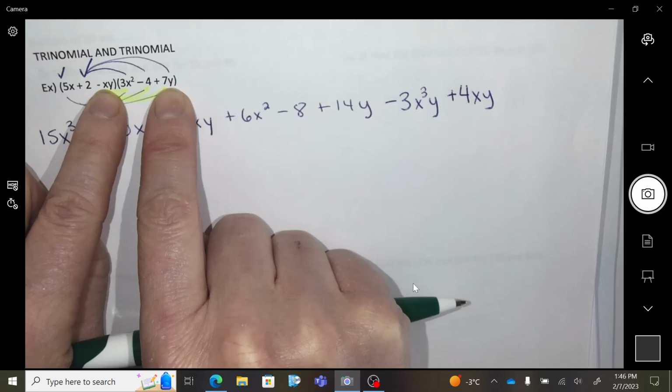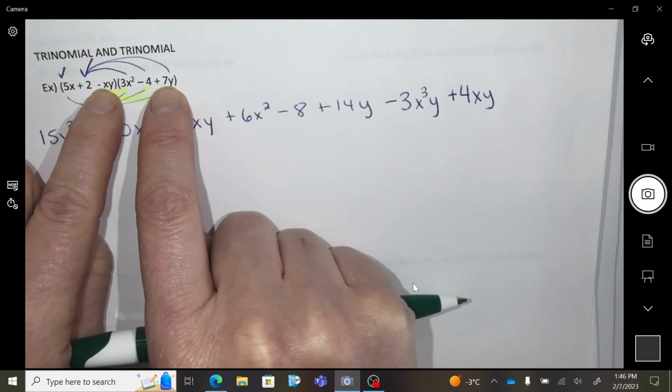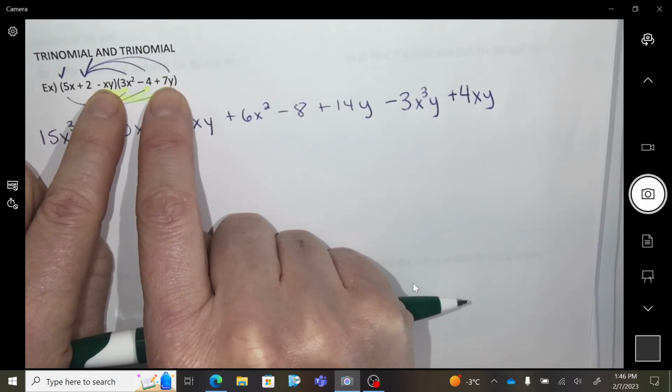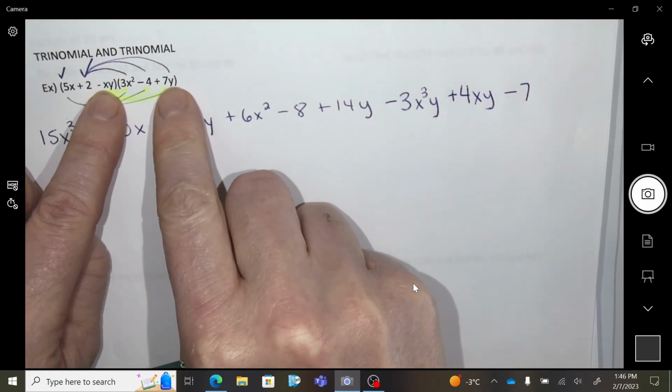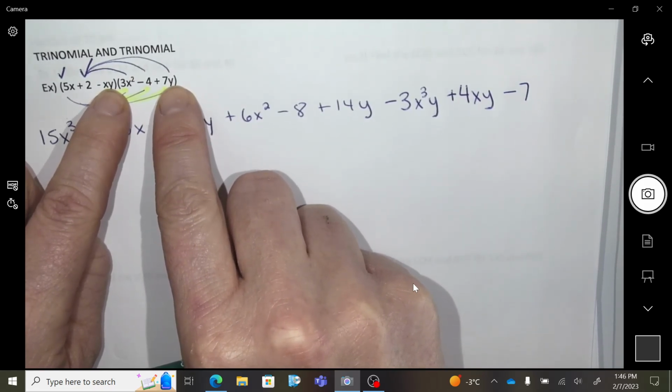And the last set, this would be what symbol? Add or subtract? Subtract 7. What do you think with the letters here? X, Y squared.